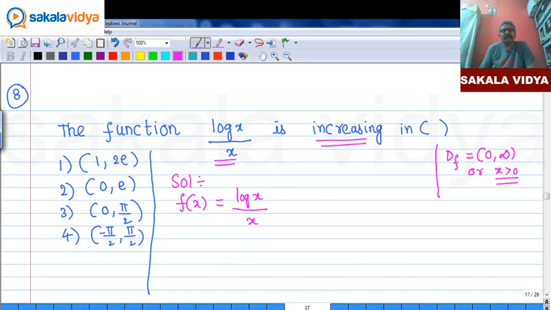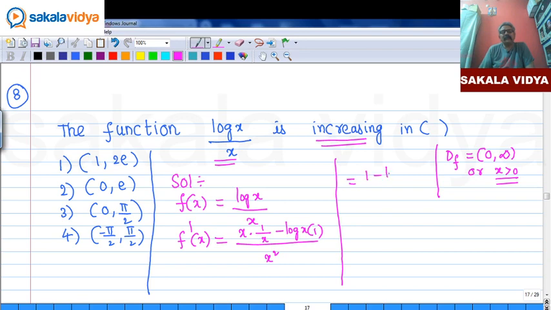You remember this one. Now, let us find f dash x. This is the u by v method. First, v square x square, x into derivative of log x which is 1 by x, minus log x into differentiation of x which is 1. So, we now get 1 minus log x upon x square.